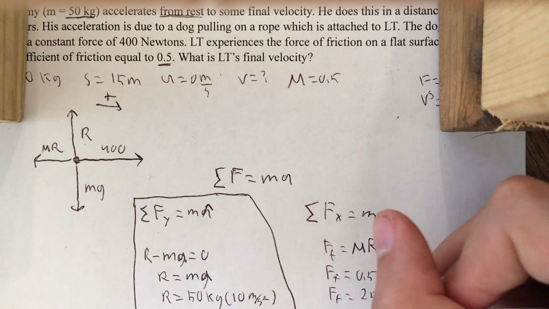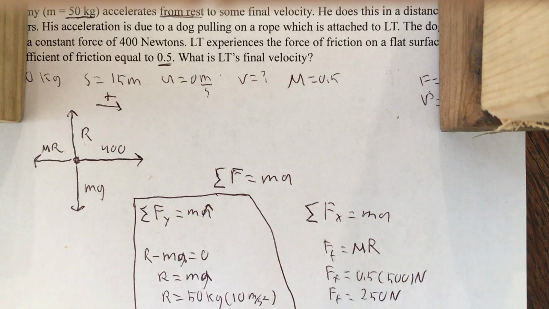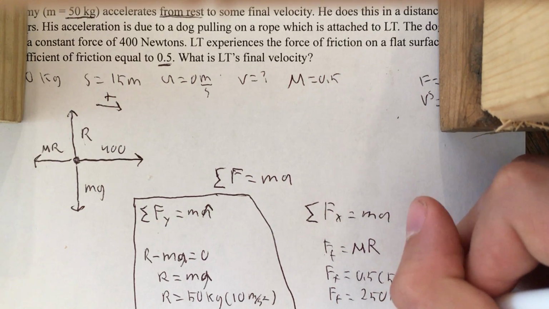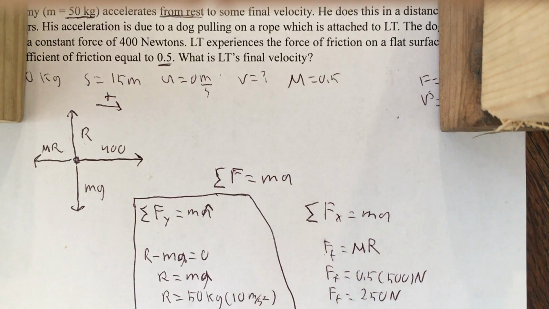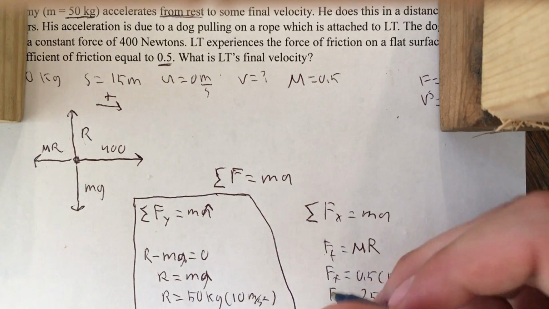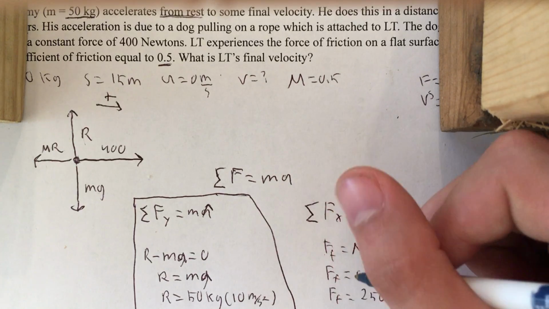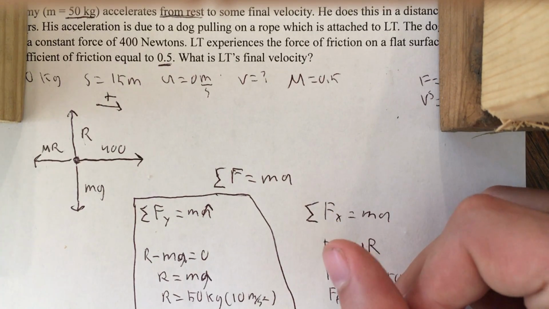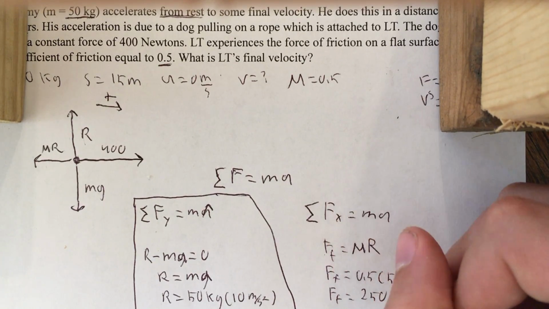Since I've set that positive is to the right, it will be 400 newtons minus 250 newtons. And this will give us the sum of the forces in the x direction. So 400 minus 250 is 150 newtons.